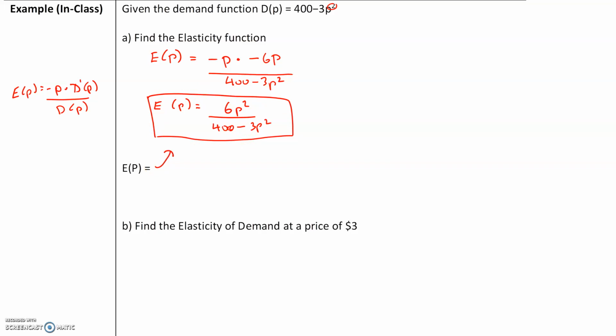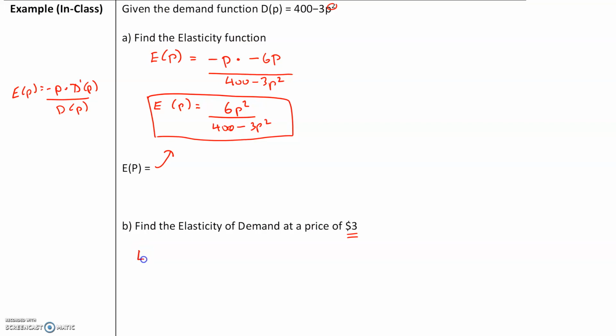Now, we want to find the elasticity of demand at a price of $3. So here's what it means. If this item costs $3, how elastic is the demand? In other words, if we increase the price, would people still buy almost the same amount of goods that they were buying before at $3?